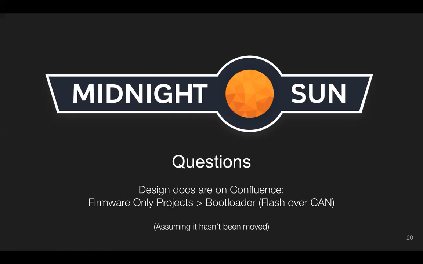So returning from the project to the bootloader: the current plan is that whenever the CAN library receives a bootloader datagram message, it'll jump back to the bootloader in order to process it.